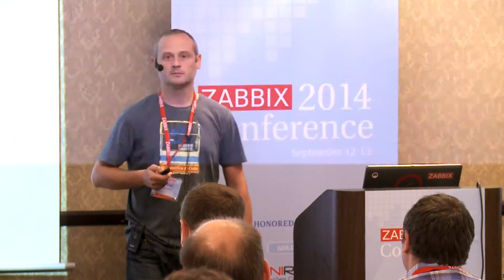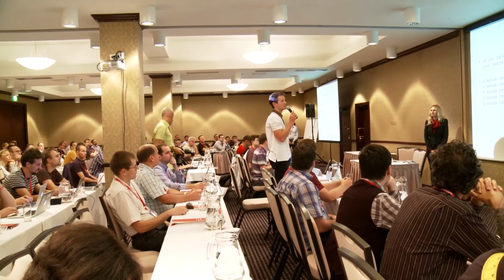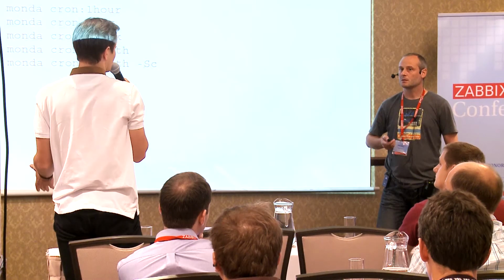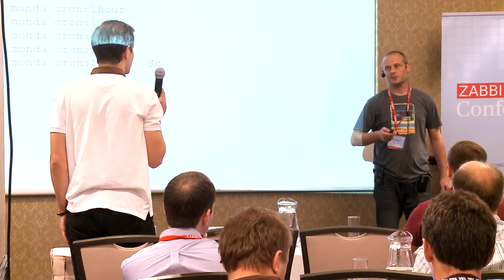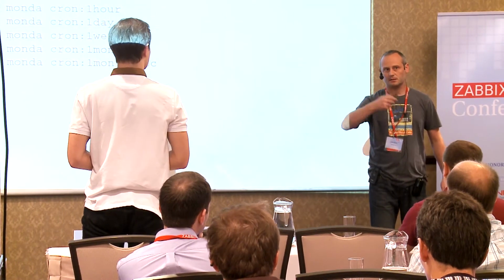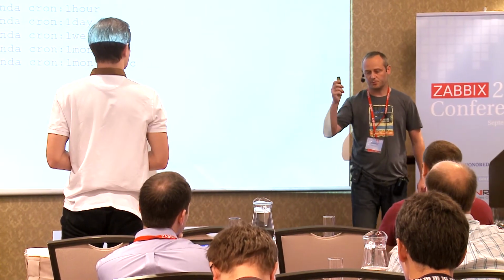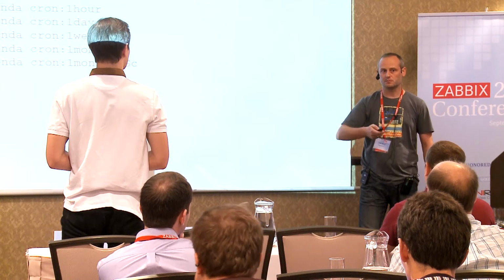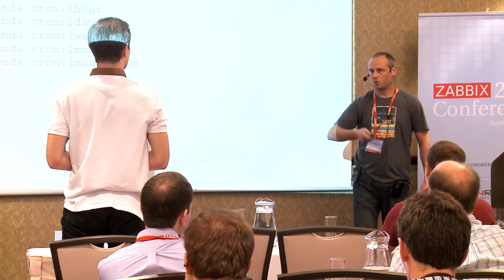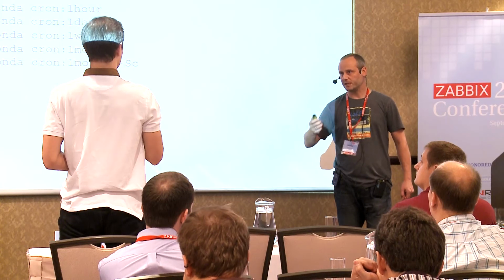Quick question, how does Monda detect that the system is idle? That the CPU is idle or I/O is idle? There are some checks inside Monda that read some information from proc or something like this. So there is a check inside Monda that before a bigger operation it checks if system health is okay, and if not, it waits.